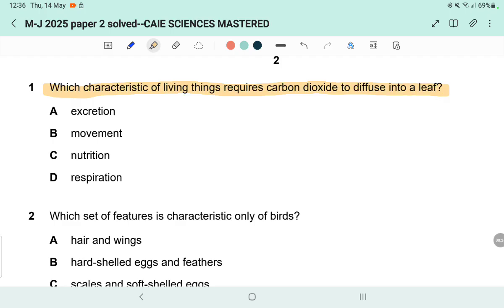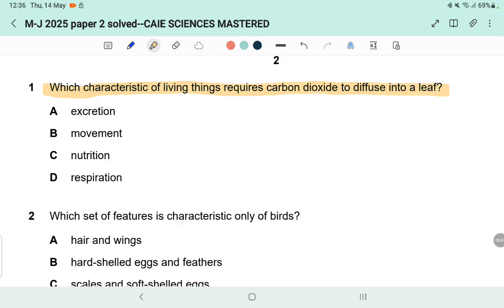A characteristic that requires carbon dioxide, of course, will be nutrition. So how does nutrition require carbon dioxide to diffuse into a leaf? Because basically, a leaf carries out photosynthesis. So in order for a leaf to carry out photosynthesis, it needs to have carbon dioxide entering.